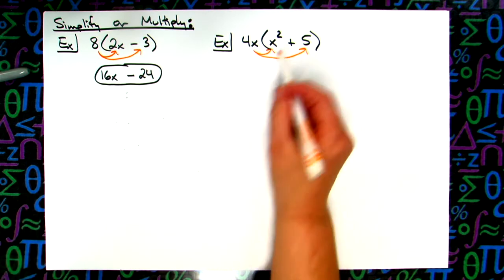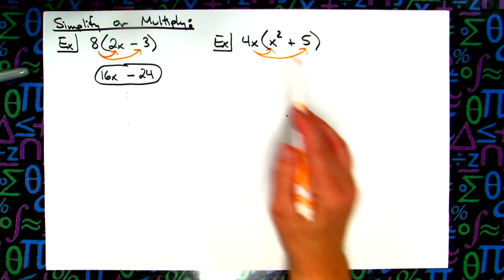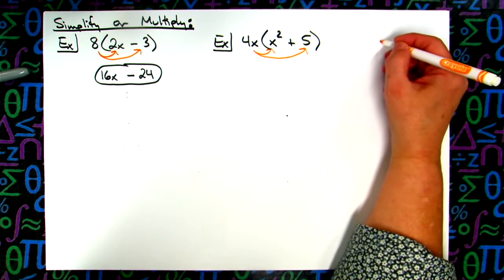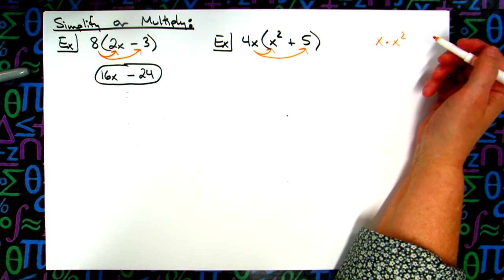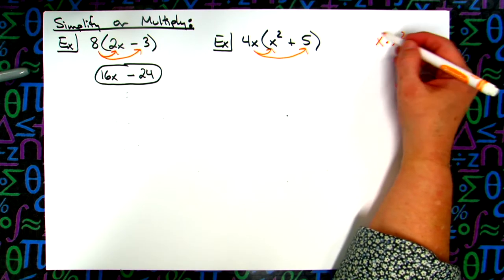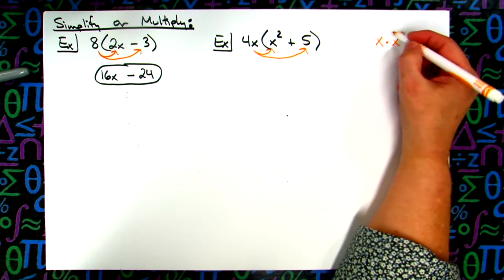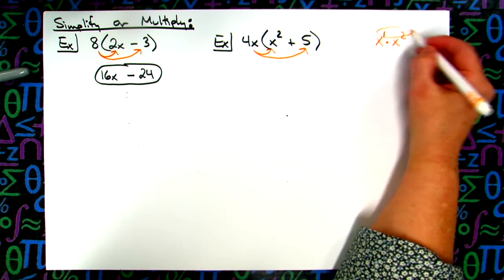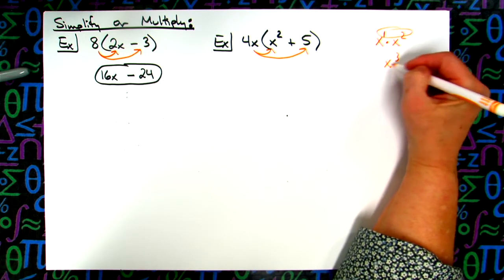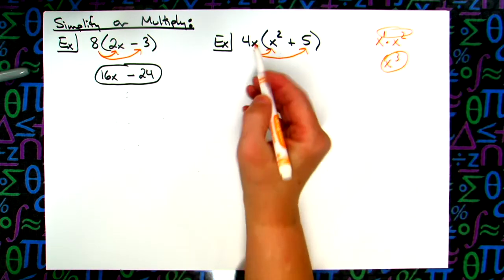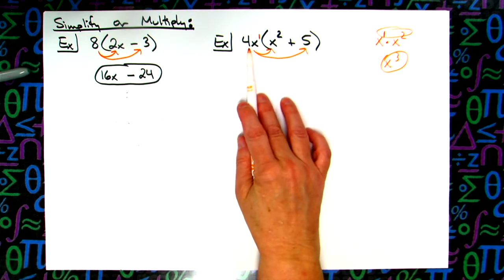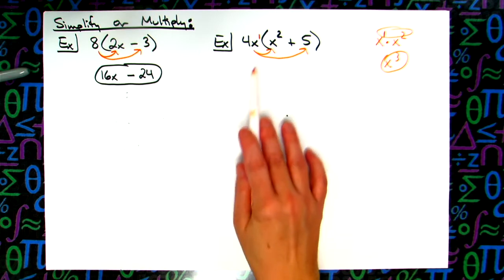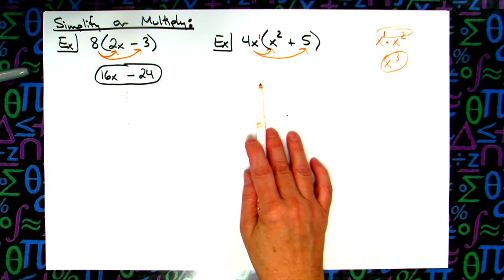The thing I have to remember when I take 4x times x squared, when we multiply like bases, what do we do to the exponents? That was from the last chapter. When we multiply like bases, we add. Someone said add. All right, so we add those exponents, so that's an x to the third. You got to remember there's an imaginary 1 sitting right there. So when I multiply 4x times x squared, I get a 4x to the third.